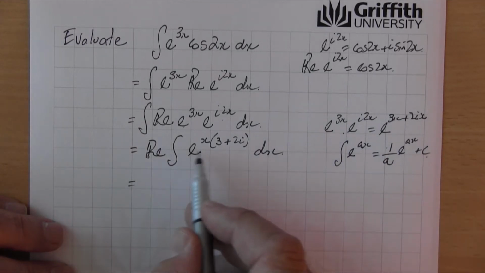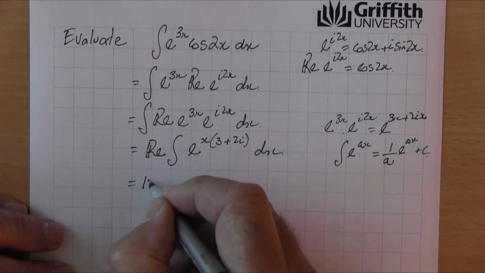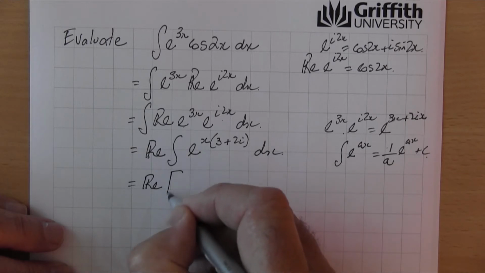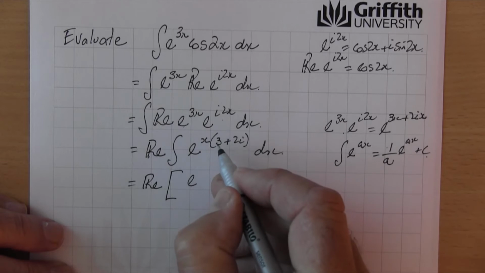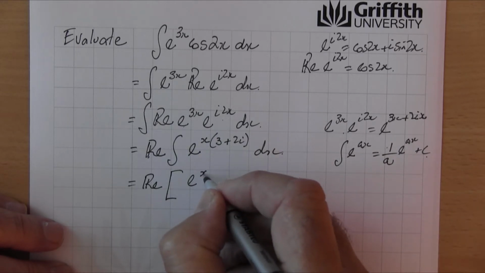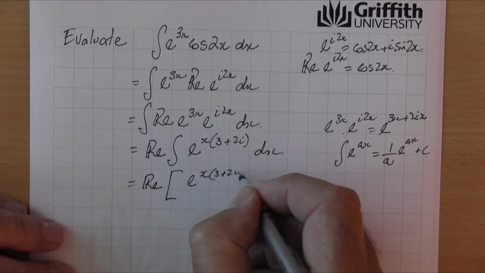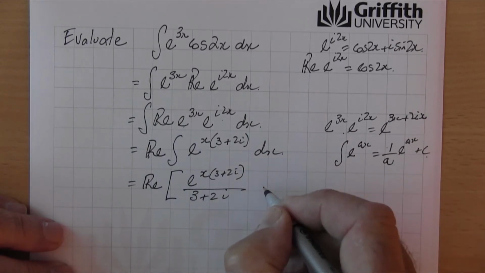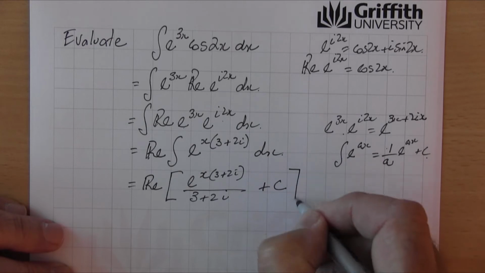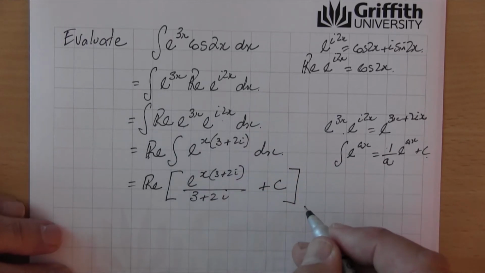So I can integrate this now and say that is the real part of e. Now the a would be 3 plus 2i, so it'll be e to the x(3 plus 2i) all over 3 plus 2i, plus c. And it'll be the real part of all of that.